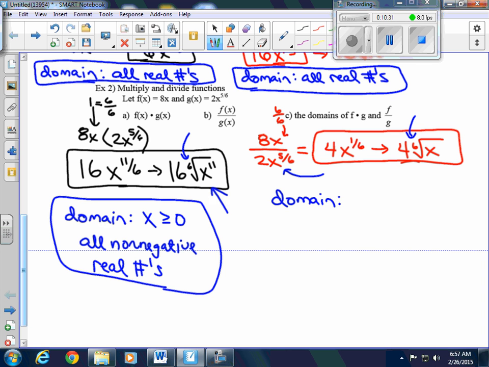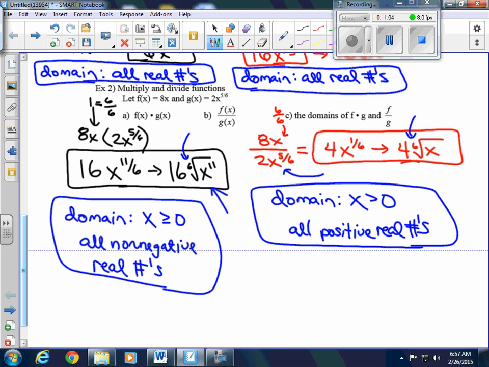Because you can never have 0 in the denominator. So in this case, if I put 0 in here, I will get 0 in the denominator, and you can't have that. So I can't have 0, and I can't have negative numbers. So in this case, x must be greater than 0. That's our domain. In the book, you're going to see them write all positive real numbers. So that's our domain in this case.